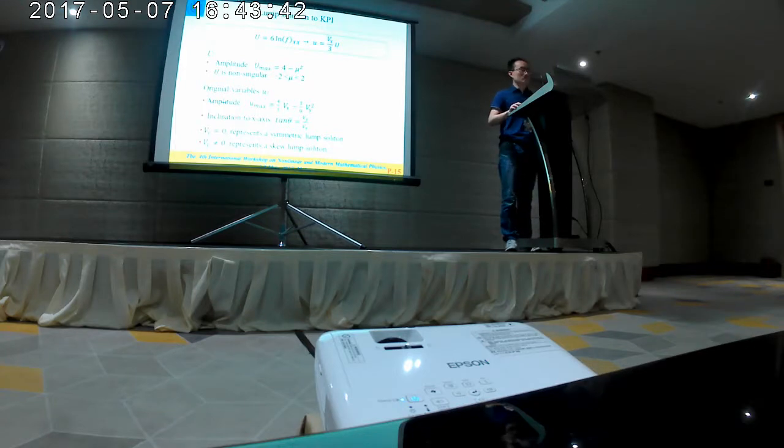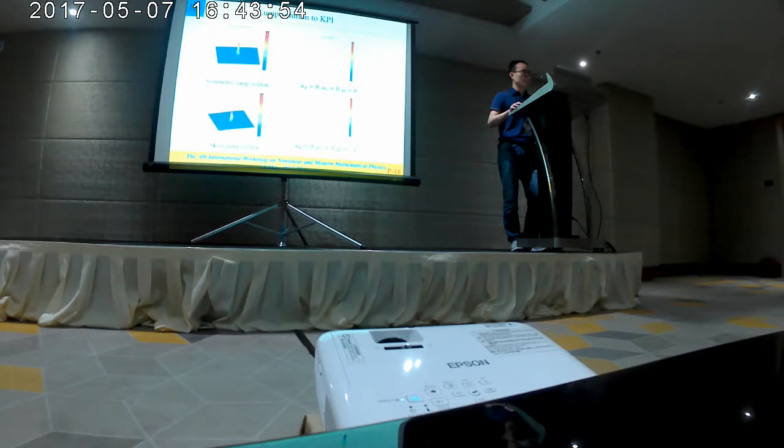When V1 is not equal to 0, it represents a skew lump solution. Here it is the same. As you can see from the picture, when mu equals 0, it represents a symmetrical lump solution and it travels along the x direction. When mu is not equal to 0, it represents a skew lump solution and travels at an angle to the x direction.